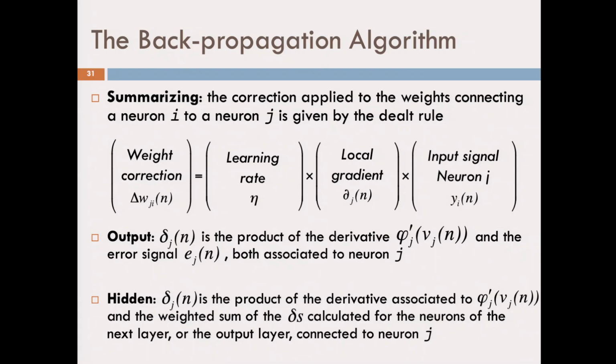It is just the product of the derivative of the activation function and the error signal. For hidden layers, we calculate the derivative of the activation function associated to the neuron, and we multiply by all the local gradients that were calculated in the layer ahead. Okay, nice.